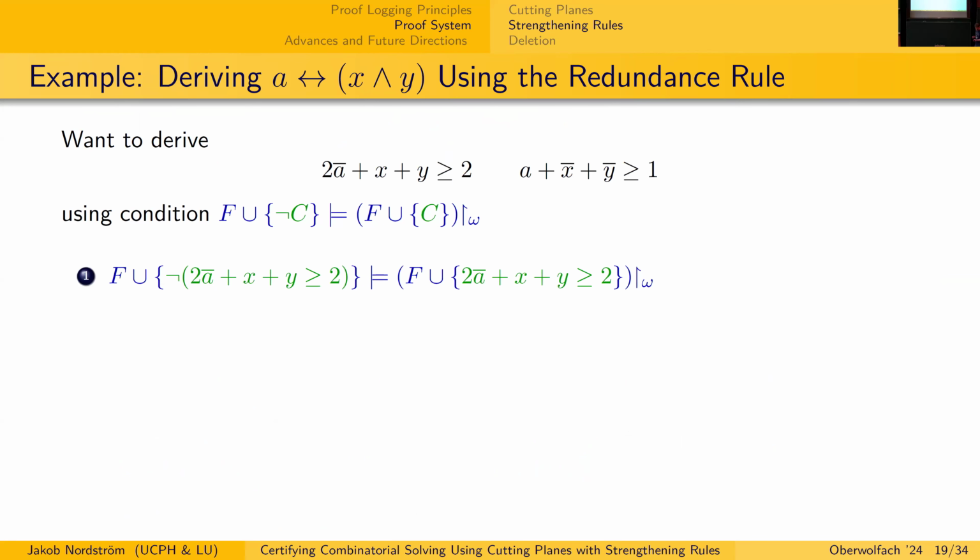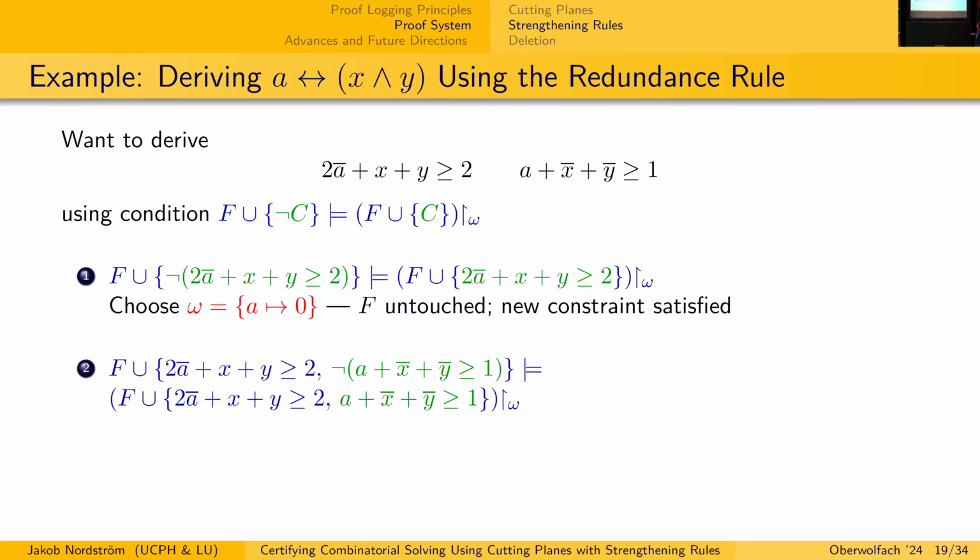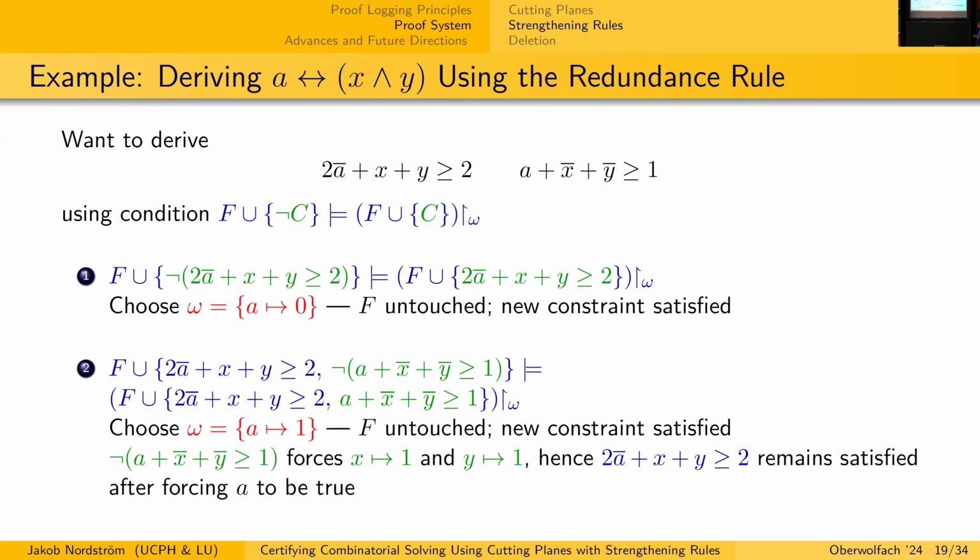Okay, so let me see, we're actually not doing so well on time, so let me maybe skip this. This is just to say, suppose I want to have a new variable a that is equivalent to x and y. Then in pseudo-Boolean form, this is deriving these two inequalities, and I just do it by two applications of the redundance rule. And the point is that the witness is exactly our reason for understanding that this is okay.